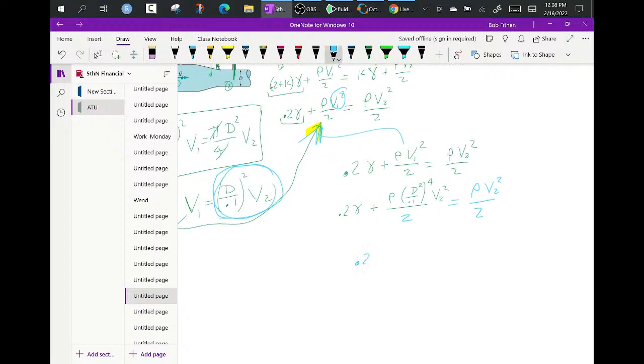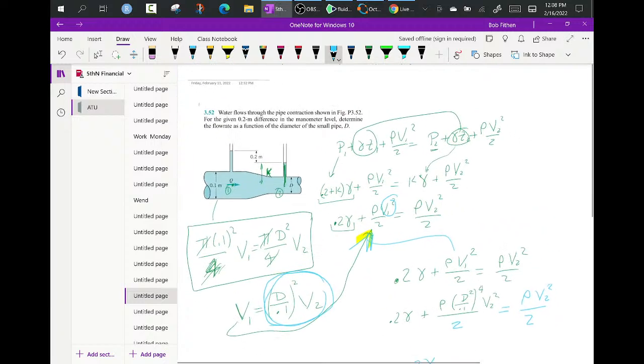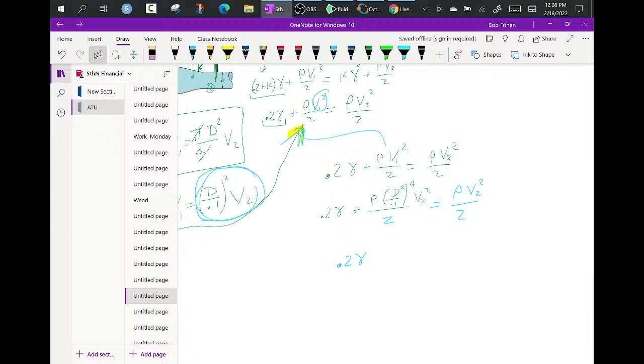Then I get 0.2 times gamma, which I'll know because it's going to be water, equals rho V2 squared over 2 times 1. And then I'm going to bring this over here to be d.